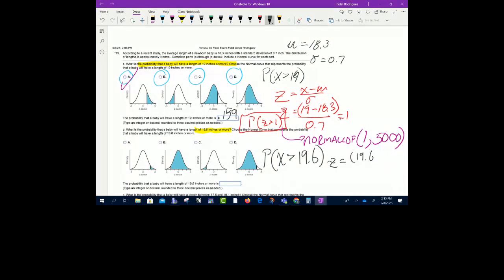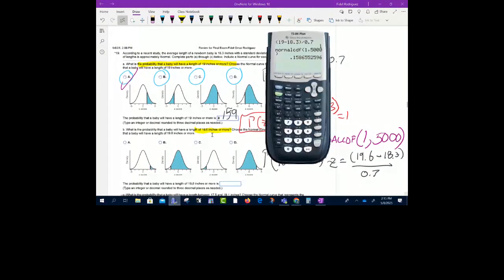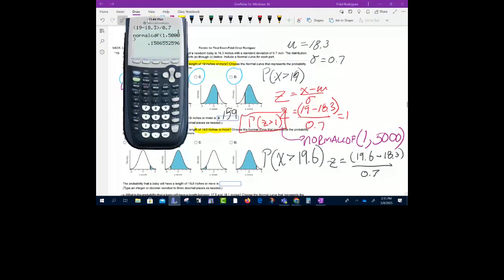So we're going to go parentheses 19.6 minus 18.3, and then we're going to divide that by 0.7.